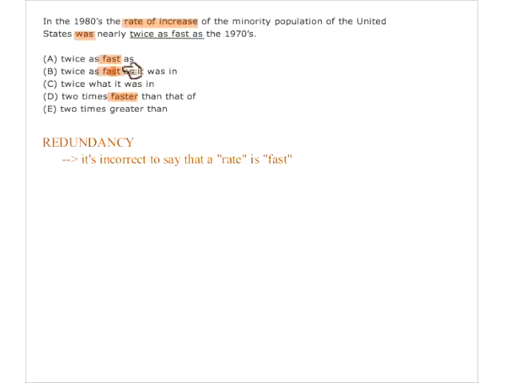Smiley face if that makes sense. So these are incorrect. And then parallelism, you have to actually compare a rate to another rate.